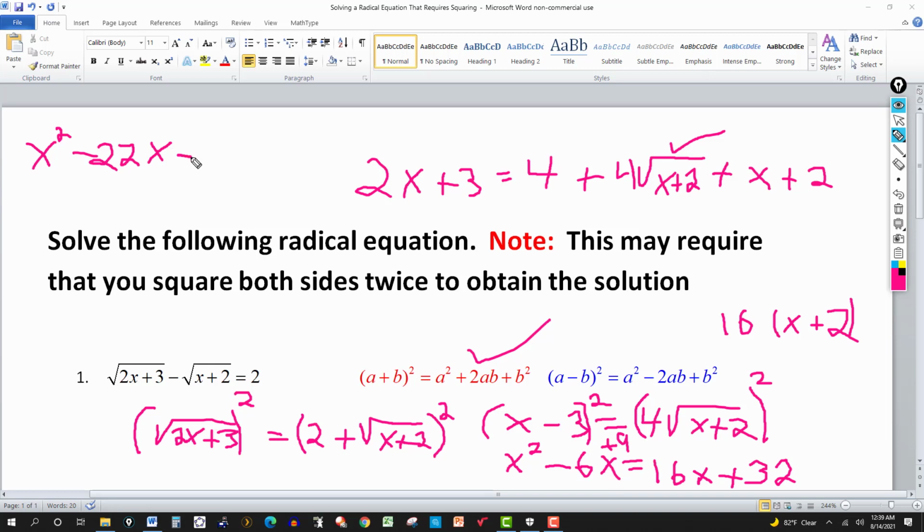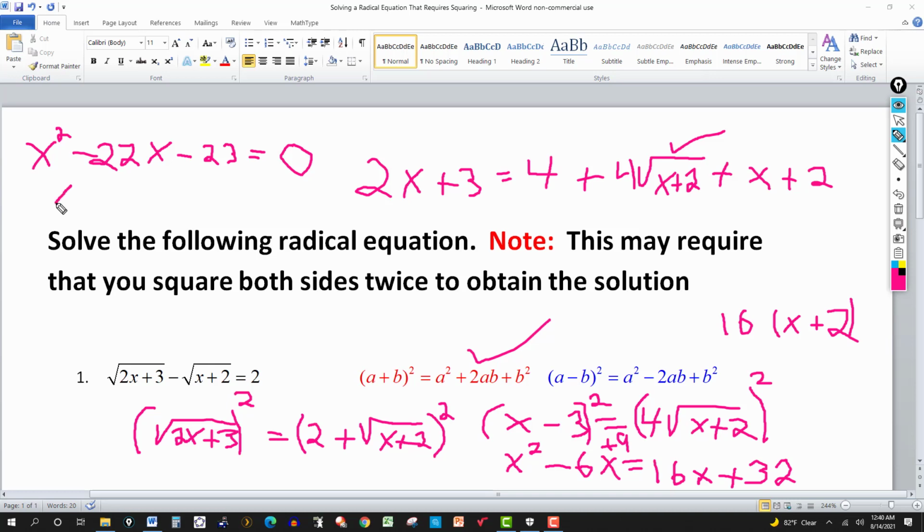So this will give me a minus 23. This is equal to 0. Okay. And of course, when solving any quadratic, the first thing you want to do is see if it factors. One side has to be 0, and then you try to factor the other side. If it doesn't factor, then you can use the quadratic formula or the method of complete the square.